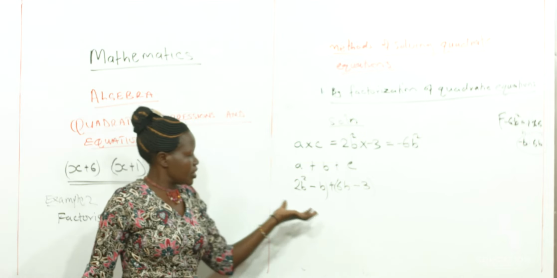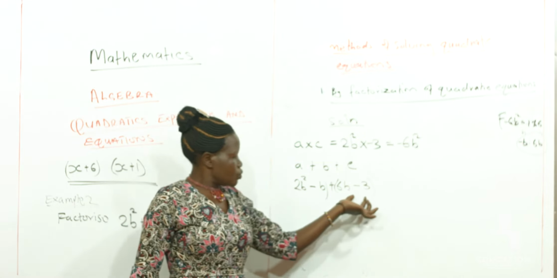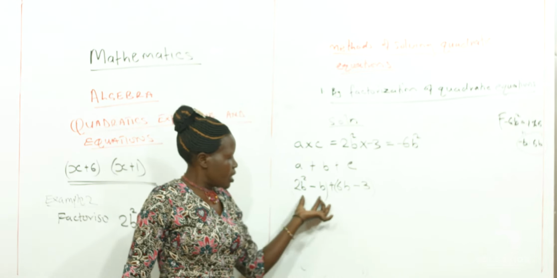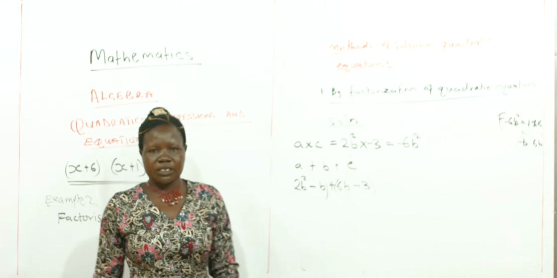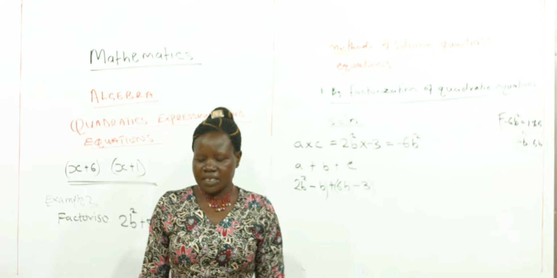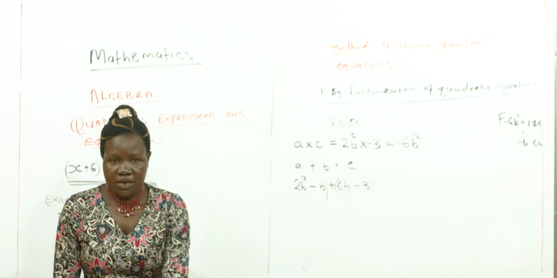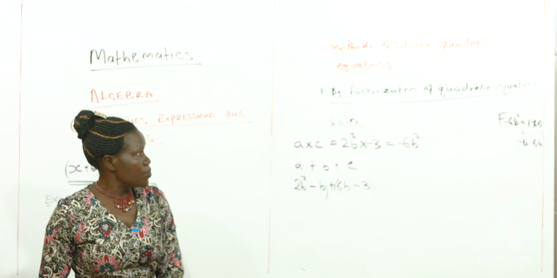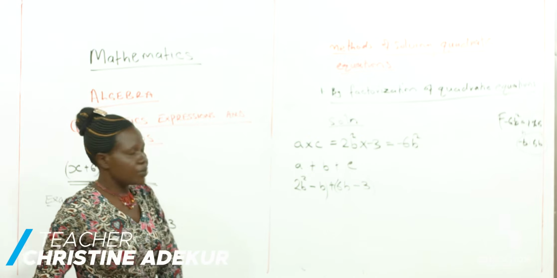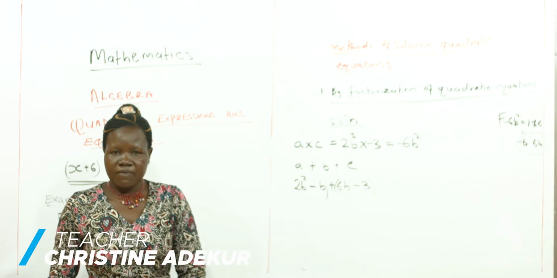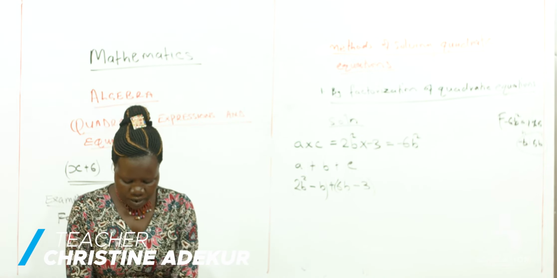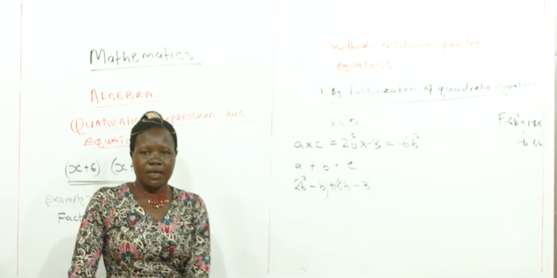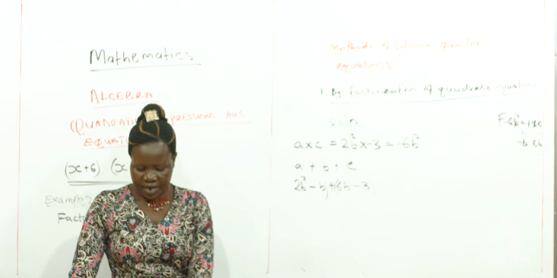But I want to request you to try to break this to get the common factors for these two expressions, following the first example. With this, learners, we have come to the end of our lesson. Remember, we are under algebra, which is quadratic equations and expressions. Thank you so much for your attention.